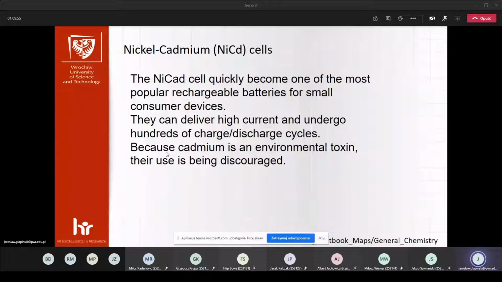Okay, so what was there to discover? The problem was to store the energy not only once. So to build a construction that could store the energy, and we can recharge the battery, or in this situation, accumulate. Yes, so of course we can use the lead solution.